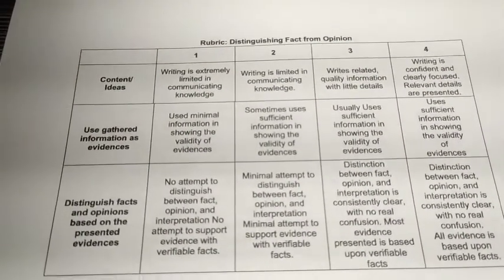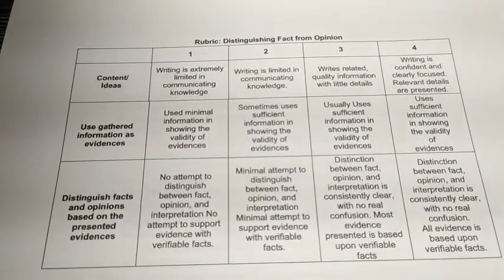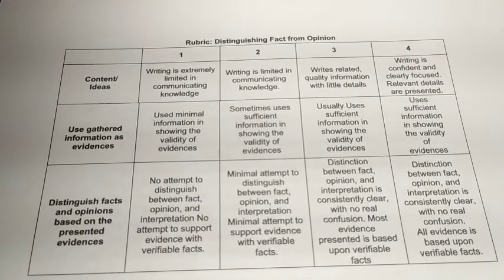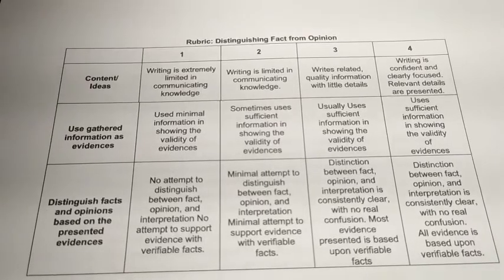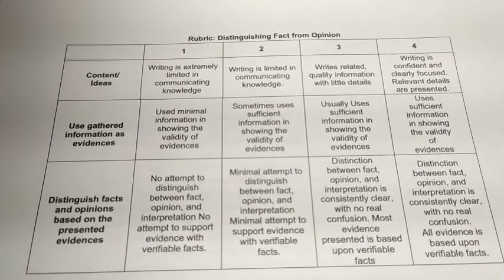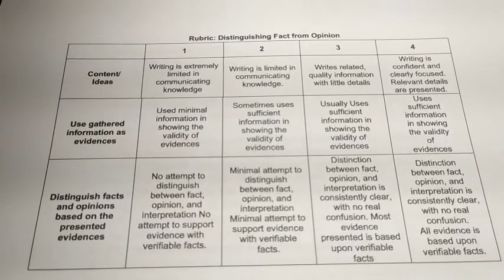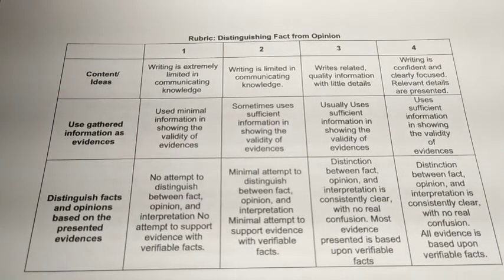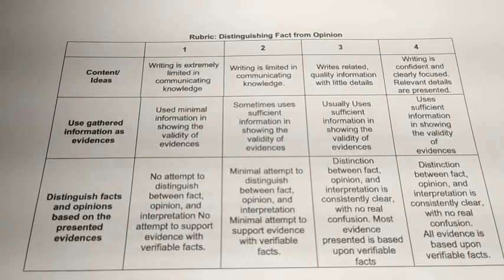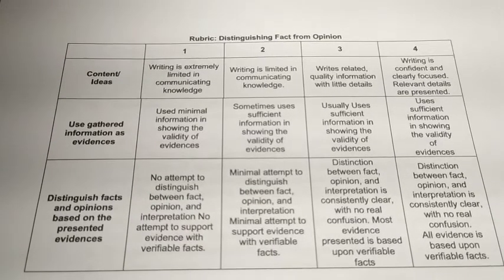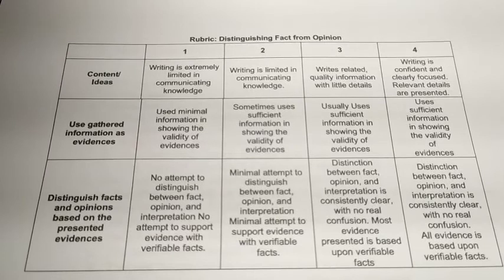So the content, if all ideas are correct, factual, opinionated, then you will get 4 points. Then, use gathered information as evidences. If you include evidences, in opinionated and in facts you have cited your sources, then you will get 4.